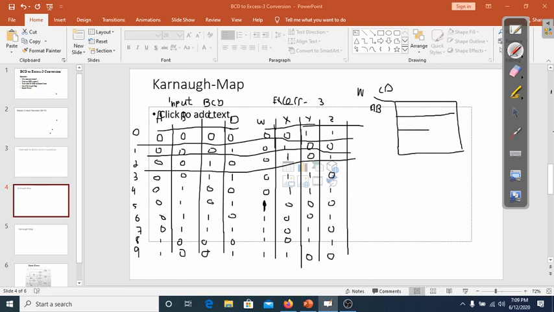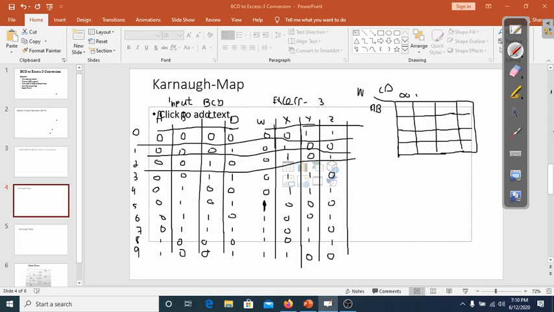Here C is 0 and D is 0. You know the rule, so next I will change one bit.